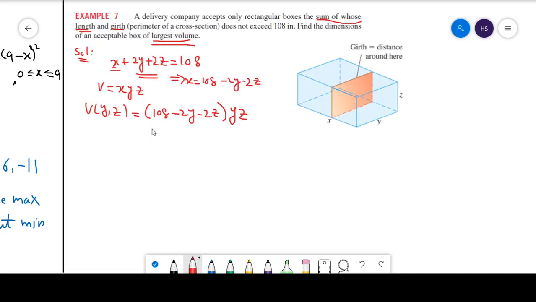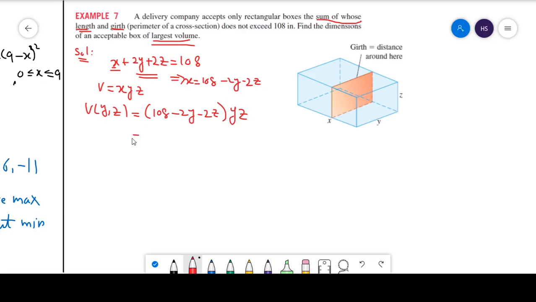So now we need to calculate the critical points. So before talking about the critical points, let's see what this function becomes.